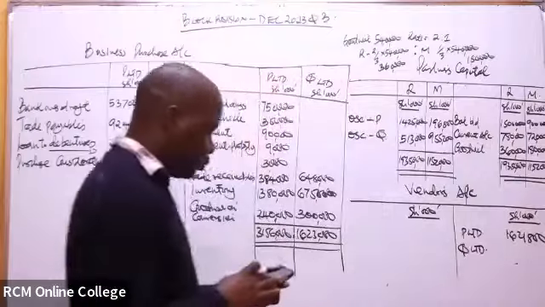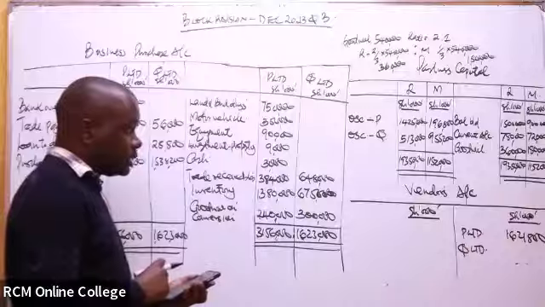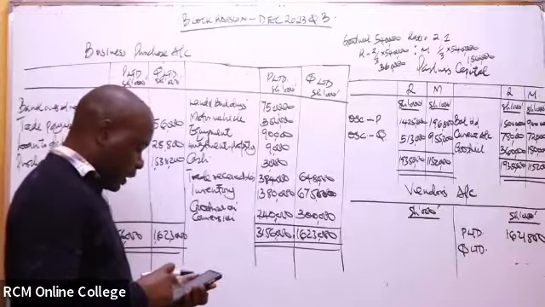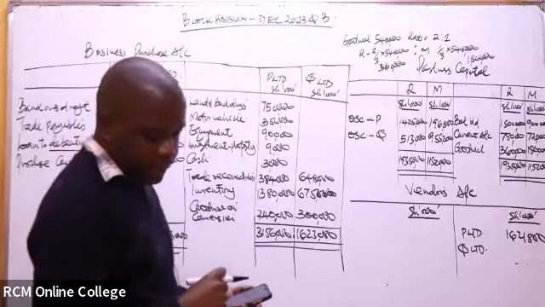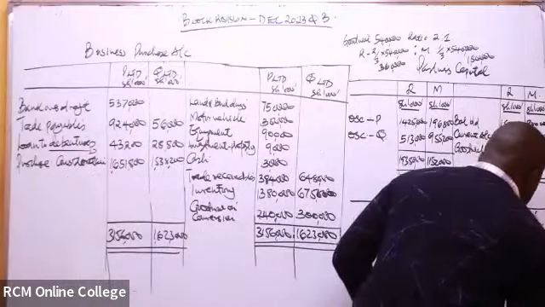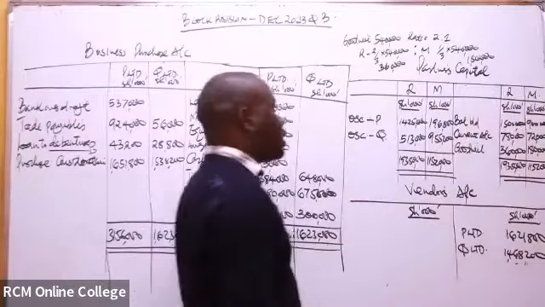For Q Limited, we do 513,000 plus 955,200. It comes to 1468, 200.